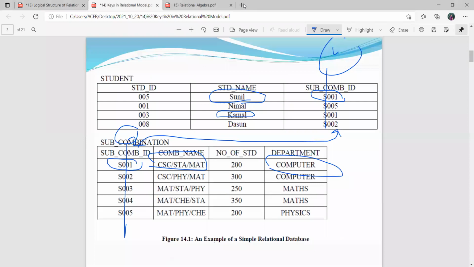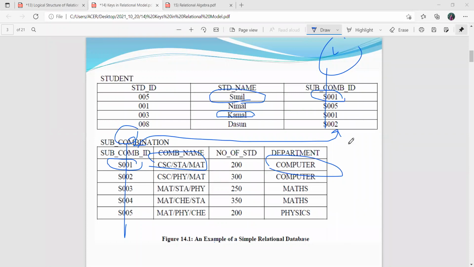S001. Sorry, not the subject ID. I need the combination, that means the combination name. What is the subject combination name? Okay. Any other volunteers? Same. CSE, statistics, maths.